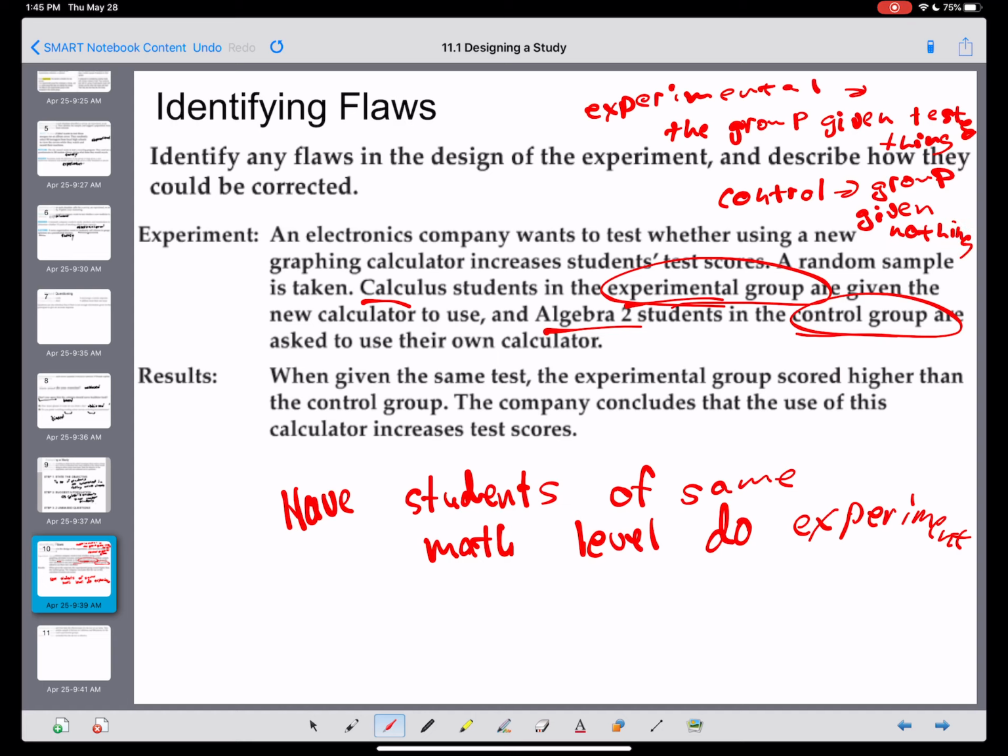Right? It's the group that you're not touching, you're not changing. The reason why we have experimental and control is because we want to test, does this new thing actually make a difference? If it makes a difference, then they would do better than the control. Or if they do the same, then it wouldn't be much different, right?